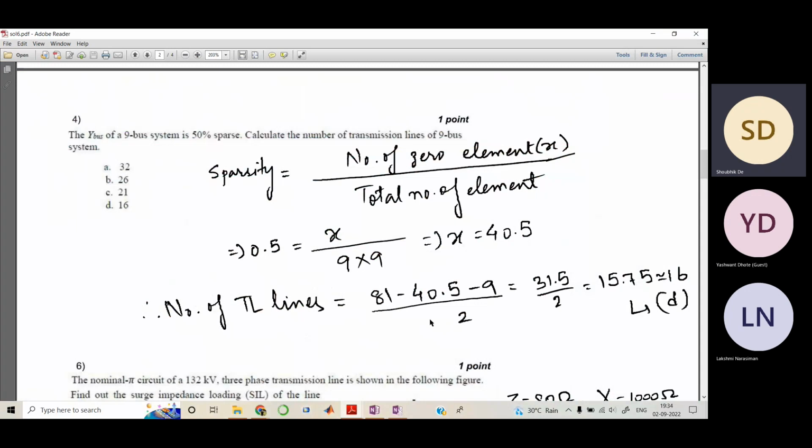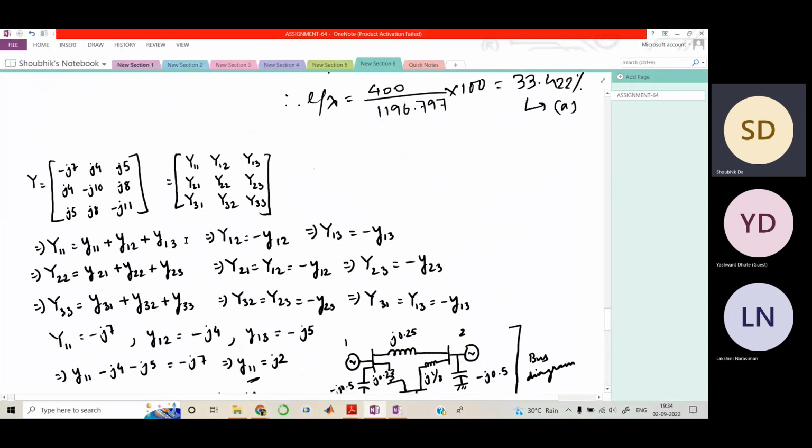Now you can ask why we are dividing it by 2. This is very simple, because as you saw, y12 is equal to y21, y13 is equal to y31, and y23 is equal to y32. So we only concentrate on the elements above the diagonal or below the diagonal.